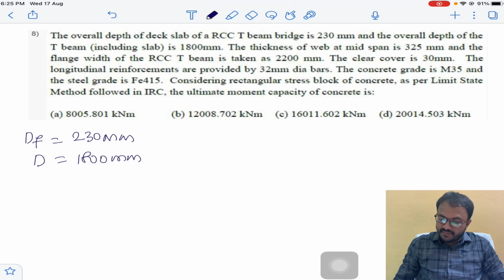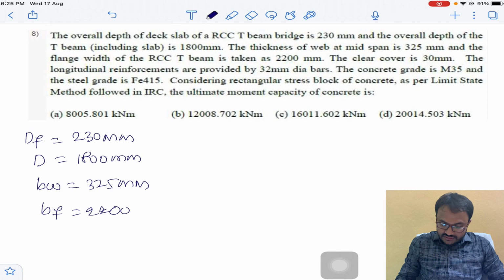Thickness of the web at mid span is 325, that is web width is 325 mm, and flange width is 2200 mm. Clear cover is 30 mm, and diameter of the bars he is using here is 32 mm.